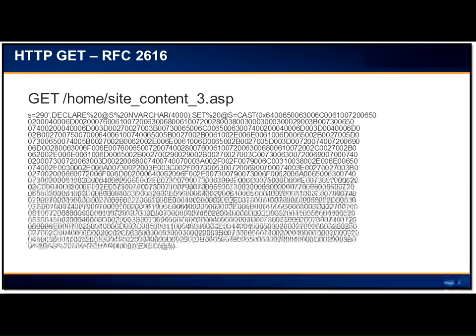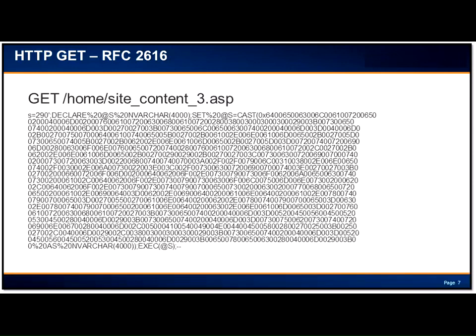Let's go to the filters and find the one that contains TFTP. What do you think? Something like this. Good choice? Do we think it's a good choice?